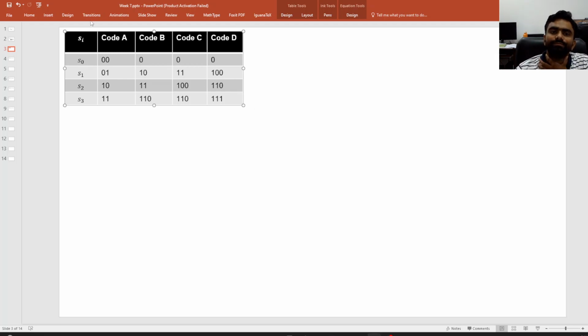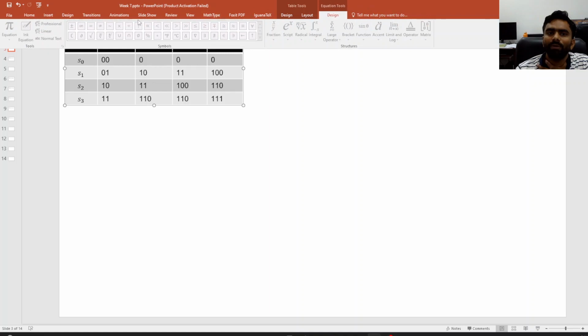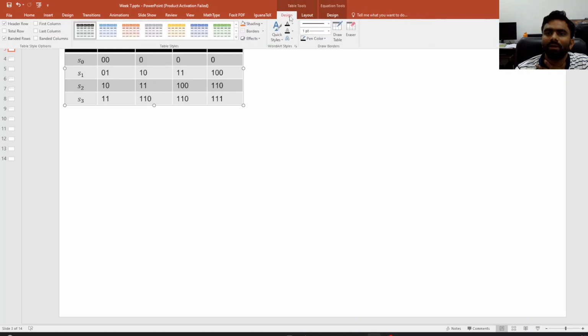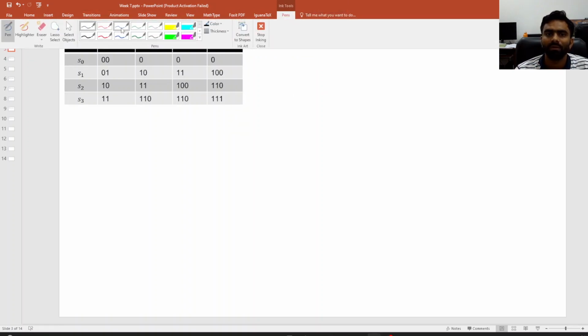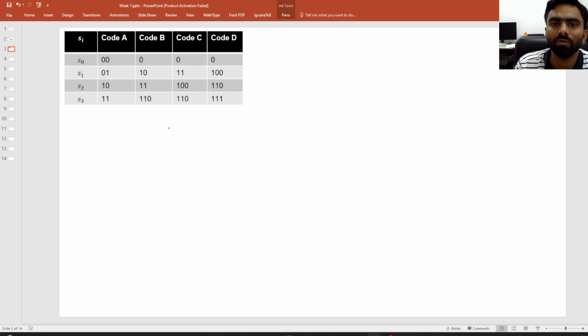So what I am trying to do, I will write the length of the respective code. Two bits are there, so length is 2 for this symbol.